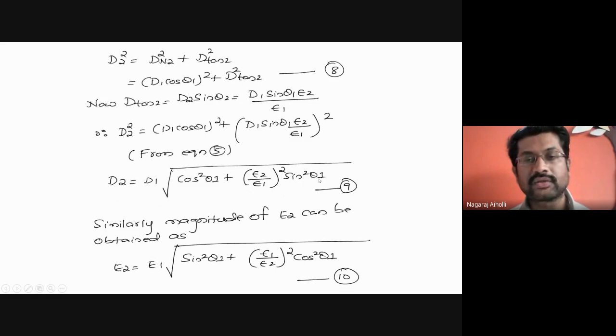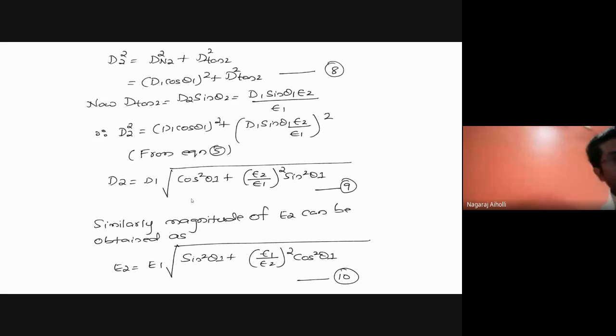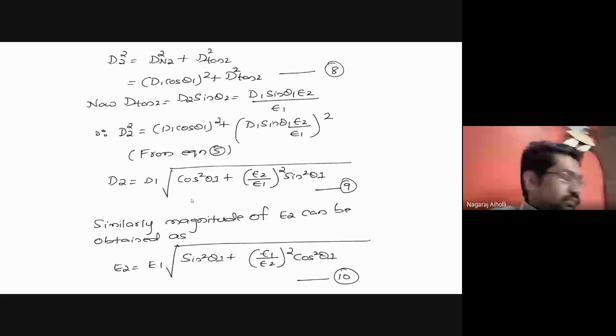Sin square theta 1, sin square 0 is 0, so this term will become 0. Cos 0 is 1. So it will be D2 is equal to D1.